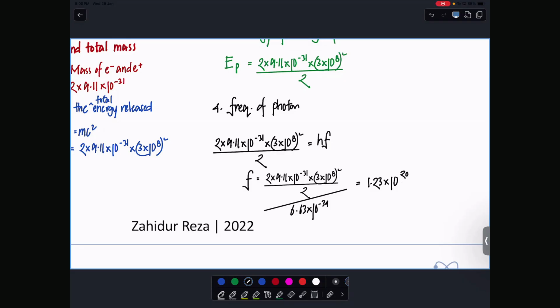Anything above 15 is a high-energy radiation. Gamma. Gamma's frequency is very high, right?